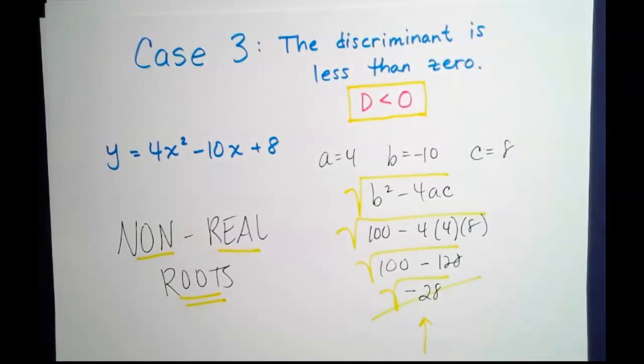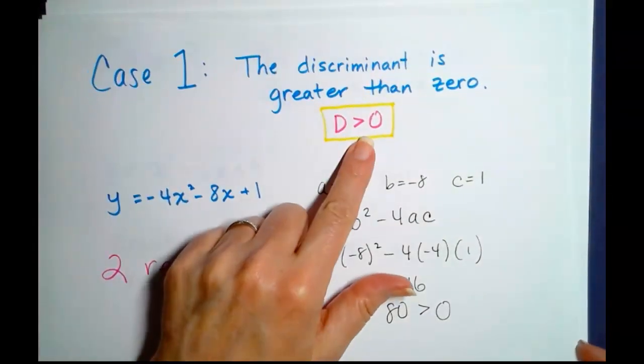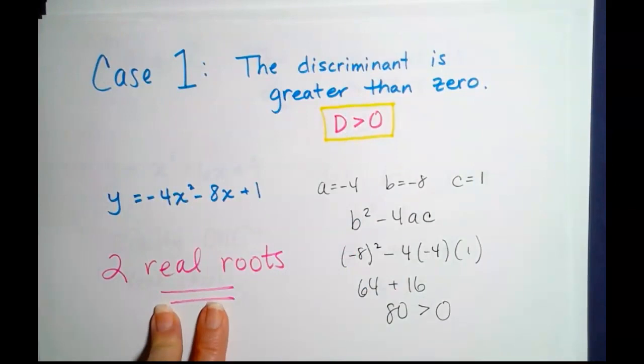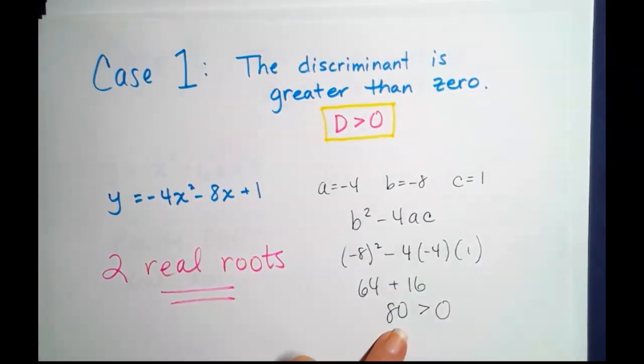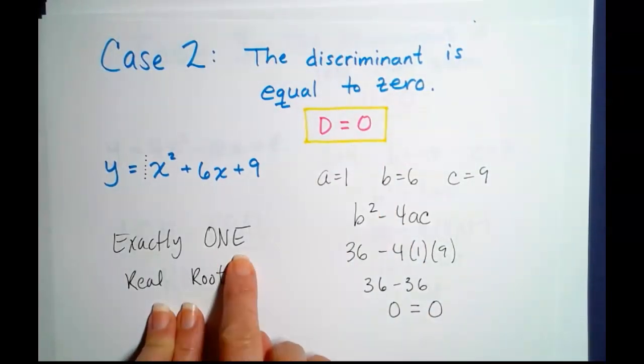So, reviewing quickly. If the discriminant is greater than 0, you will have 2 real roots. Why? Because the square root of a positive number is a real number. If the discriminant is equal to 0, we will have exactly 1 real root. Why?